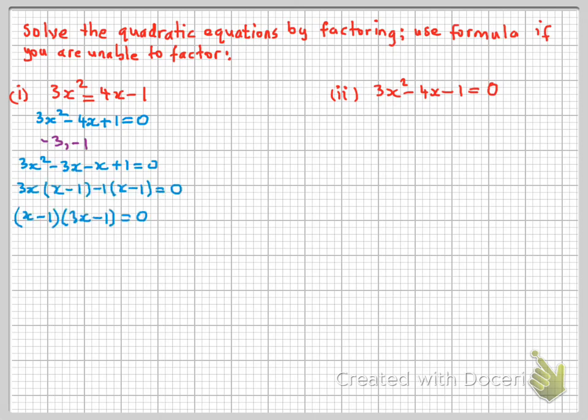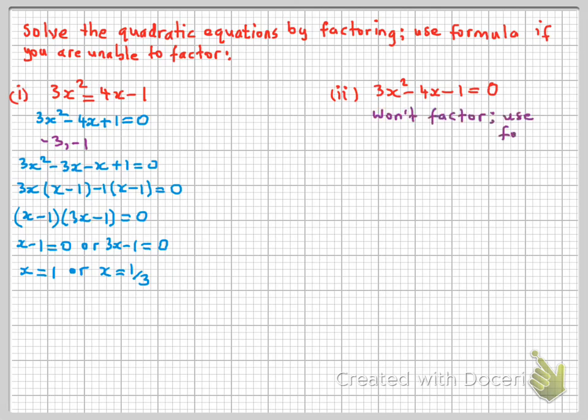It will factor as x minus 1 multiplied by 3x minus 1. And since we are multiplying two numbers, x minus 1 and 3x minus 1, and we're getting 0, that means that either one or the other will be 0, like we discussed previously, and that will imply that your solutions there will be x equals 1 or x equals 1/3. And if you substitute those values back in, you should see that there's no problem there.